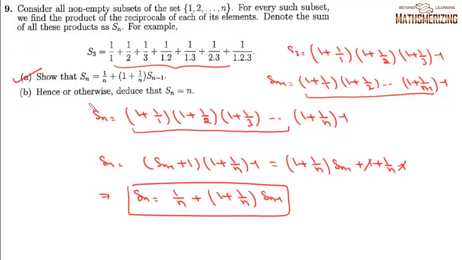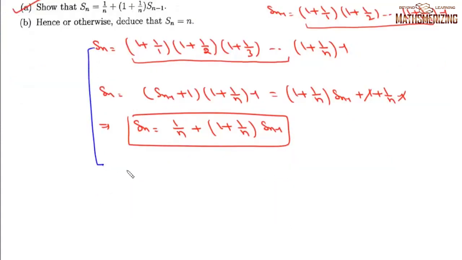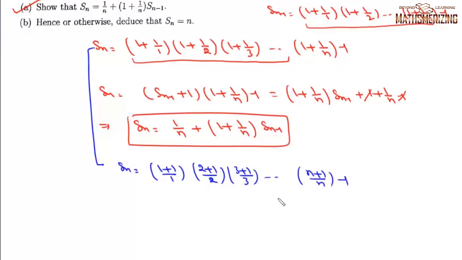Now part B is: hence or otherwise deduce that Sn is equal to n. Now again if we consider this Sn, it is (1 + 1/1)(1 + 1/2)(1 + 1/3), and it will go all the way up to (1 + 1/n) minus 1.